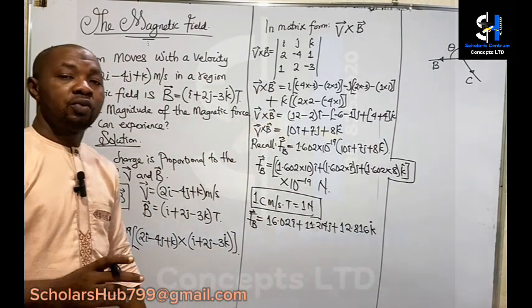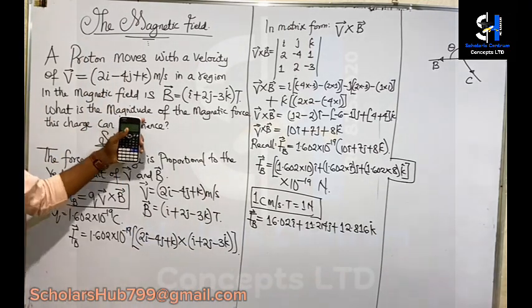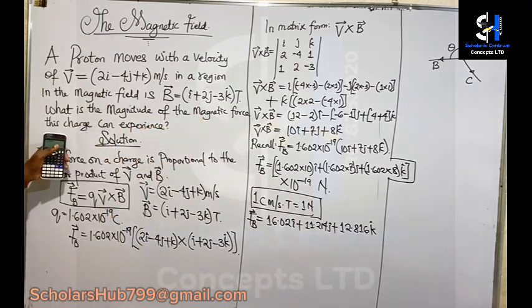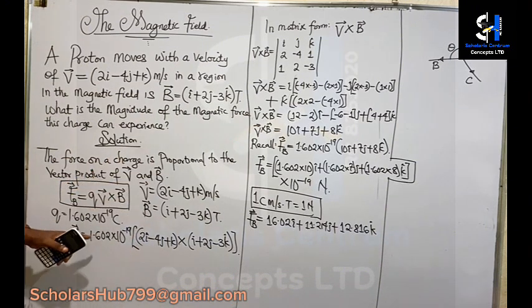So now remember, we want to find out the magnitude of the magnetic force this charge can experience. The charge is Q, which is 1.602 times 10 raised to the power of minus 19 coulomb.